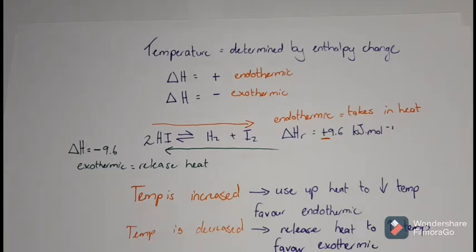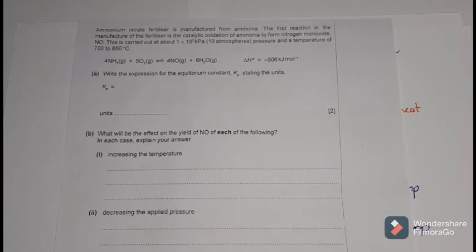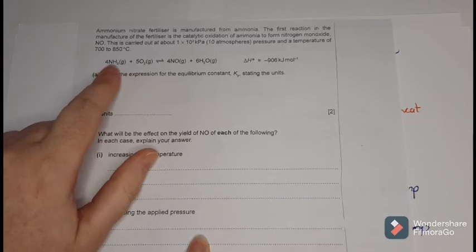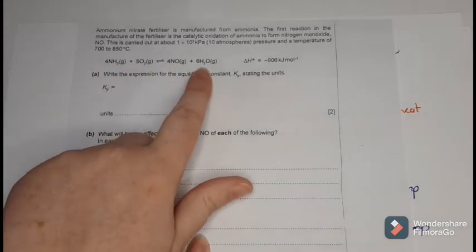So if we look at some examples using Le Chatelier's principle, I get given the equation of my ammonium nitrate fertilizer being manufactured from ammonia. So now I've got the equation of 4 NH3 plus 5 O2 gives me 4 NO plus 6 H2O.